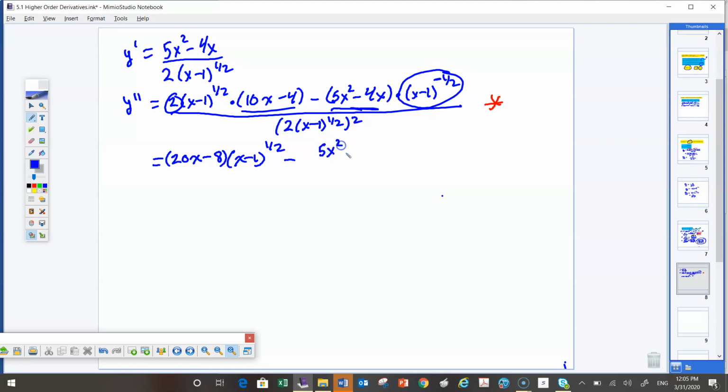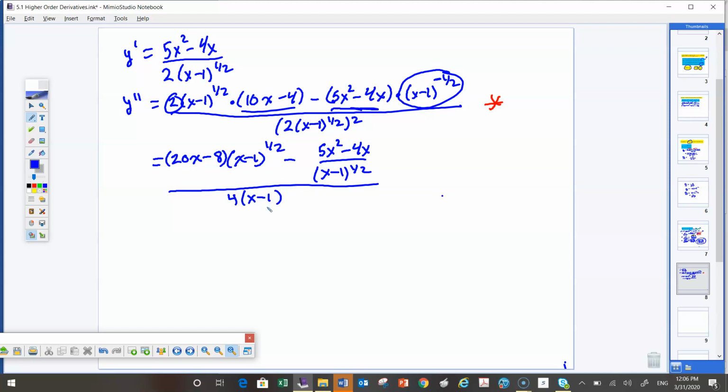So it's going to be 5x squared minus 4x over x minus 1 to the 1/2. And this is still all over, if I square my denominator, squaring the 2 is a 4, and squaring the x minus 1 to the 1/2 becomes an x minus 1.